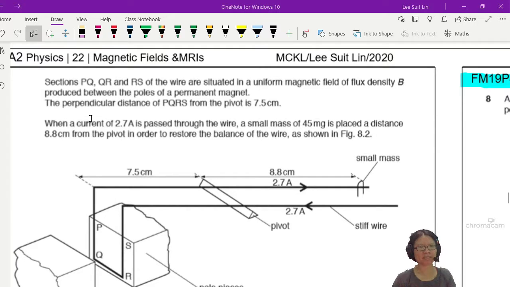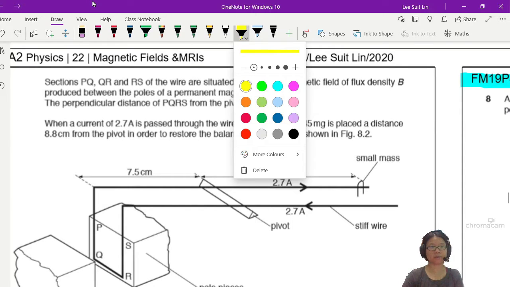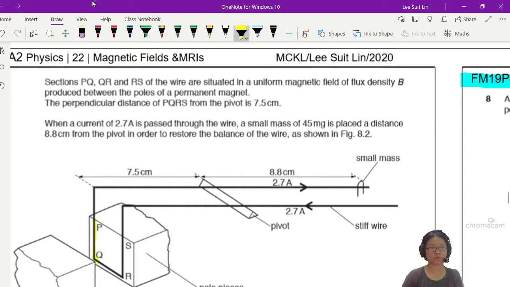Sections PQ, QR, and SR. Where are they? That will be here. So let's highlight those sections: PQ, QR, and SR. This section here is situated in a uniform magnetic field.